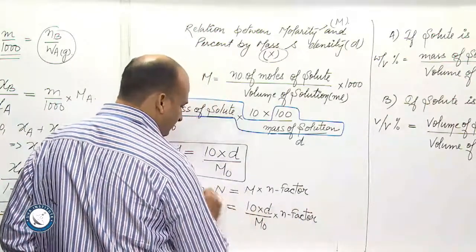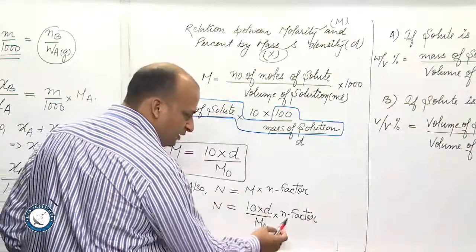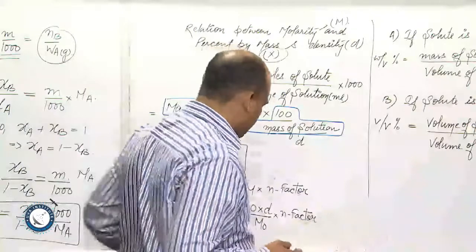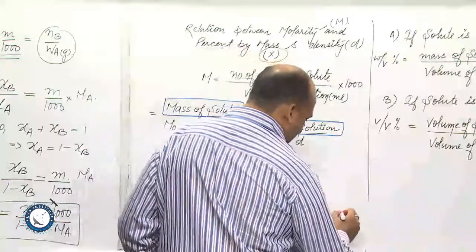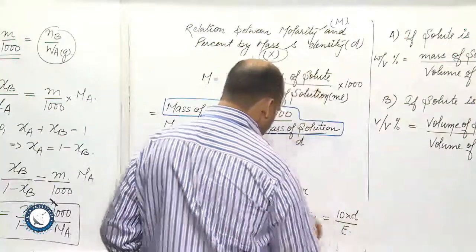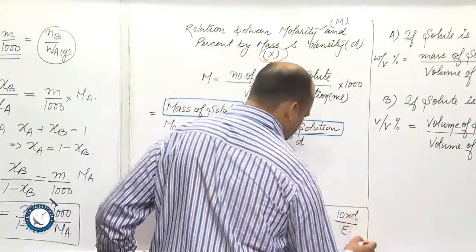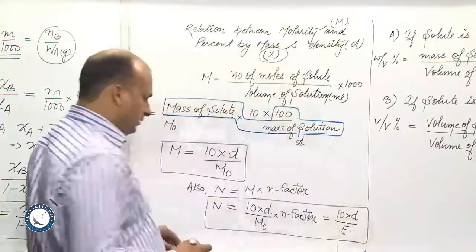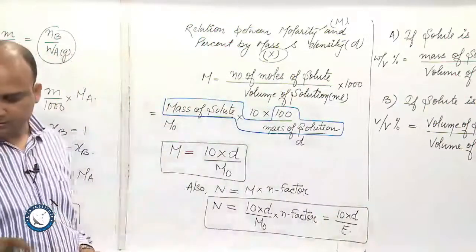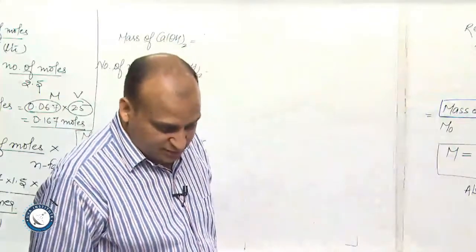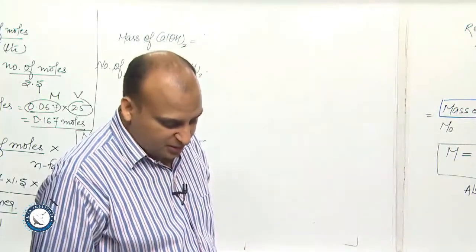This is normality. And what is M naught divided by n factor? Nothing but equivalent mass. So you can write this as 10 x d by equivalent mass.